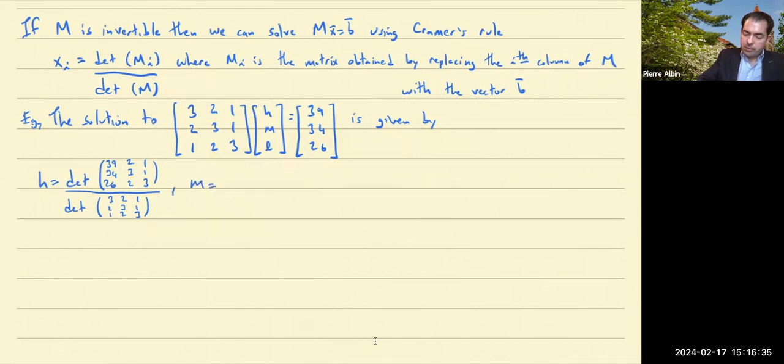Then y would be the determinant of the matrix we get by replacing the second column with the right-hand side. So the first column stays the same, and then we put this column, and then we put the third column, divided by the determinant of the coefficient matrix.